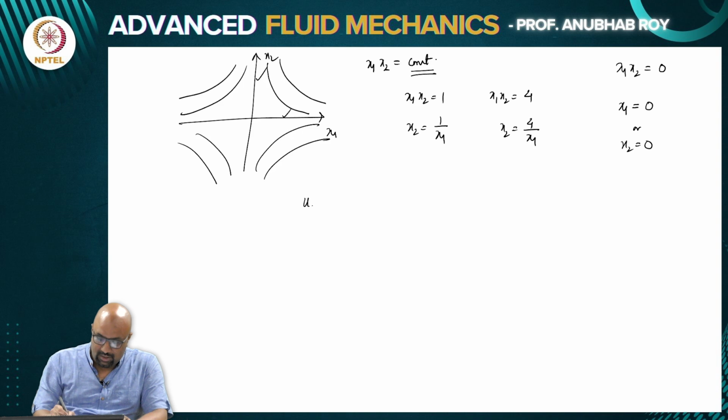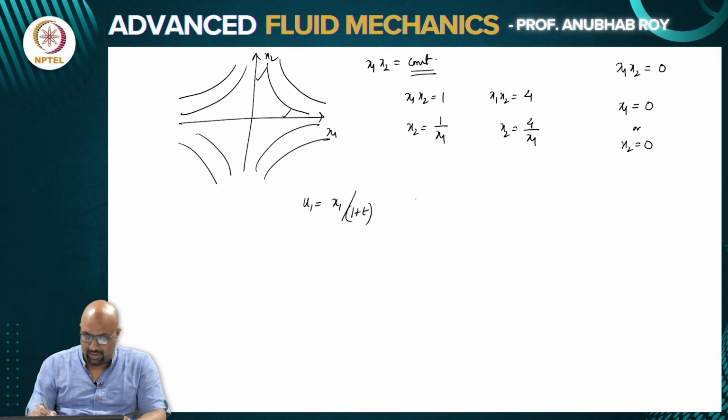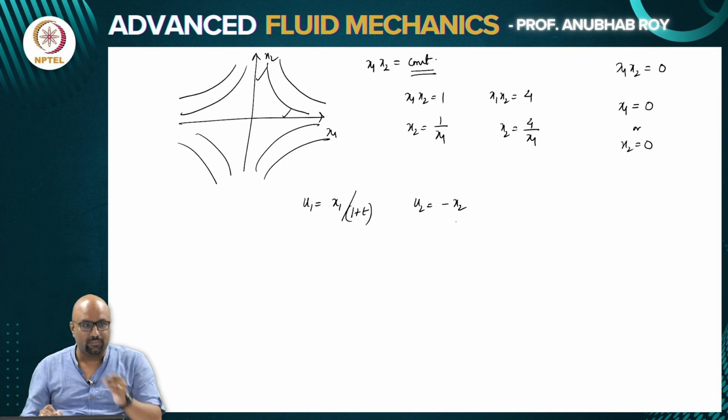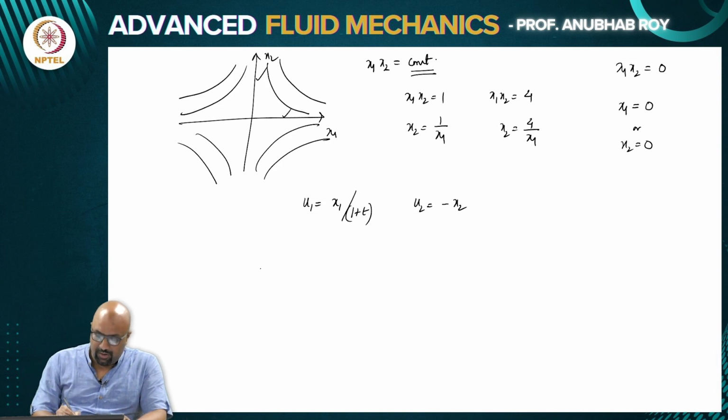Let's revisit this problem and consider the velocity field where u1 is x1 divided by 1 plus t, and u2 is minus x2. Okay, now let's make it a little simpler.